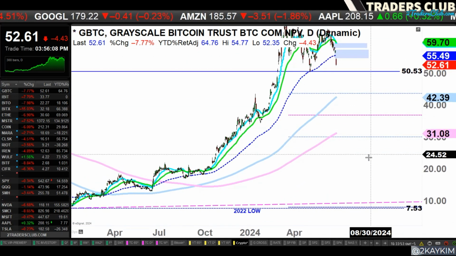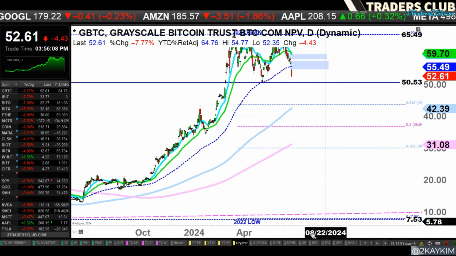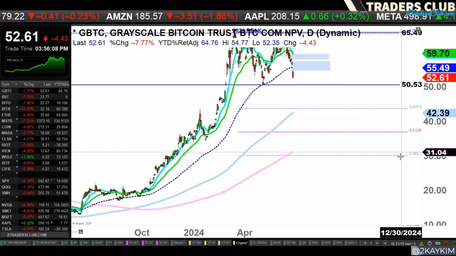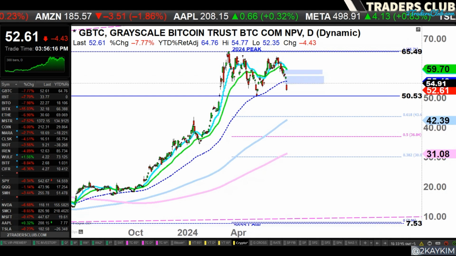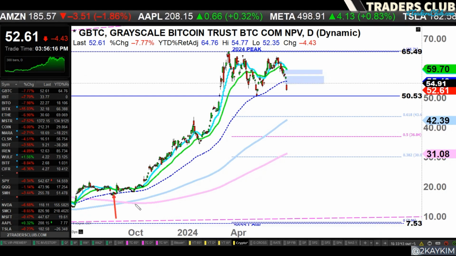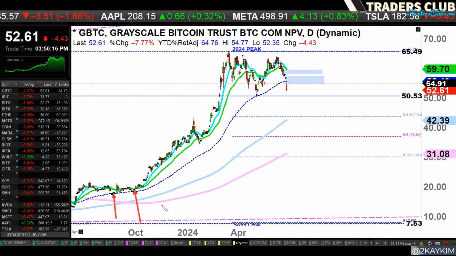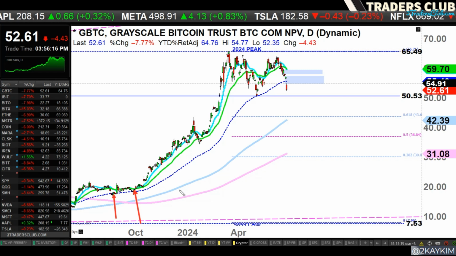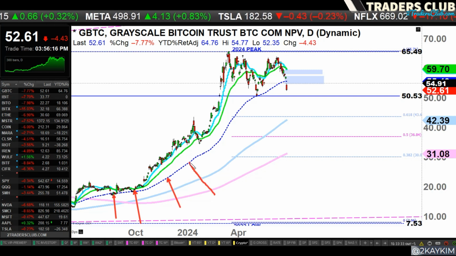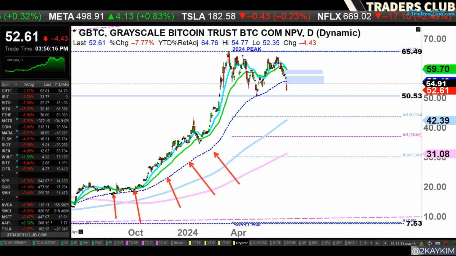We do have a formation there, but look at this key moving average here. That's my midterm moving average on my daily chart, the blue dotted moving average. You can see that blue dotted moving average has been supporting the buyers. We saw a little pullback last October, and ever since then we have not retested the midterm.